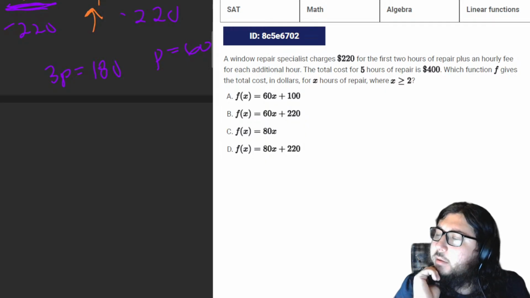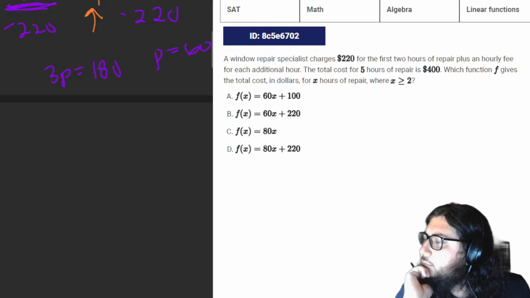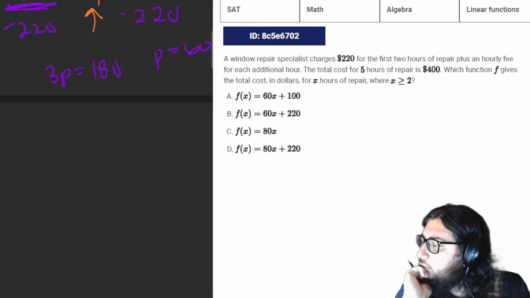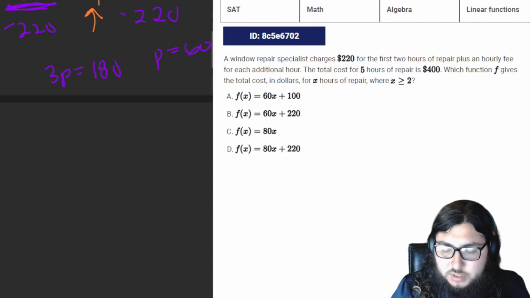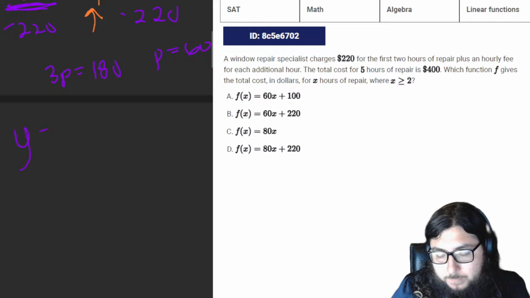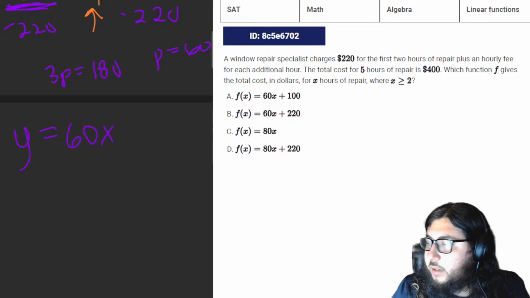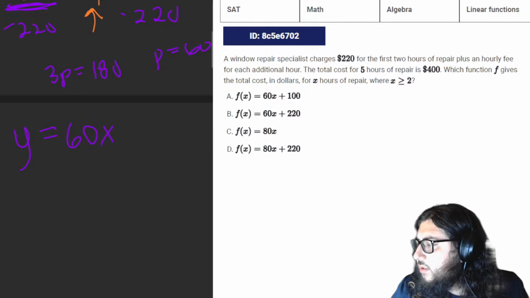What I'm wondering is why, hold on. Alright, so the way that we would solve this is setting up an equation that y is equal to 60x, and we can represent, oh, this is a difficult question.